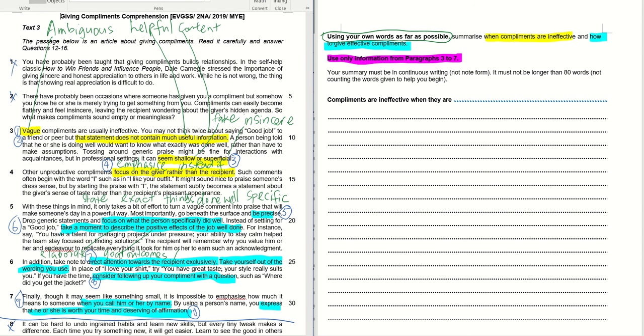Okay, so concentrate on someone, the recipient exclusively, on someone fully. Okay, take yourself out of the wording you use.